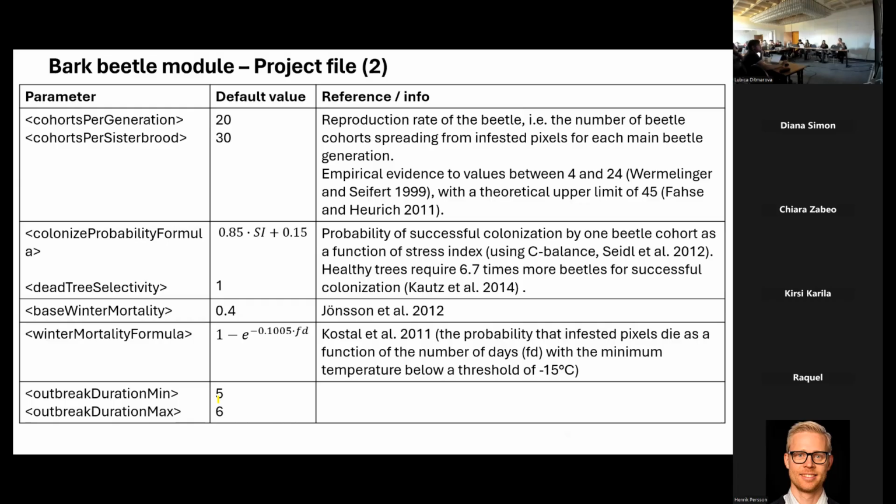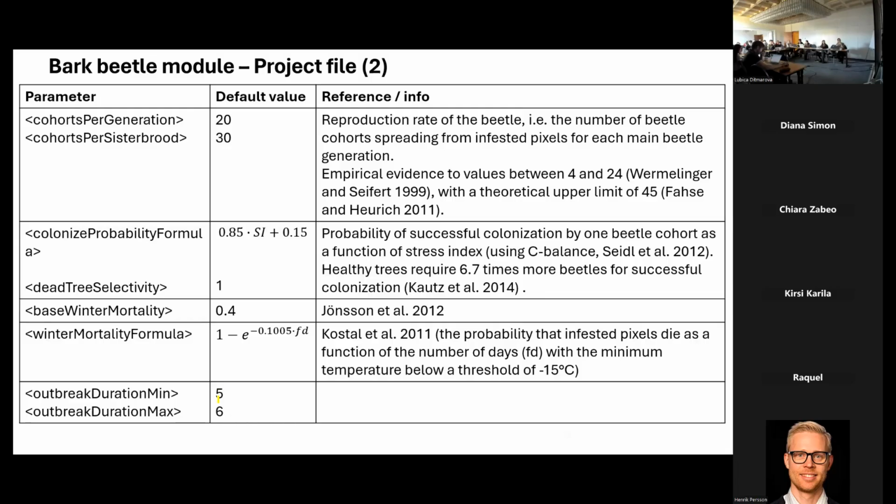A generation is 20, and if there is a sister generation, they add 10 more cohorts per cell. The cell in the spruce bark beetle module is 10-meter resolution. The colonization probability evaluates the stress index, so they know how many cohorts are needed for one tree to be killed.